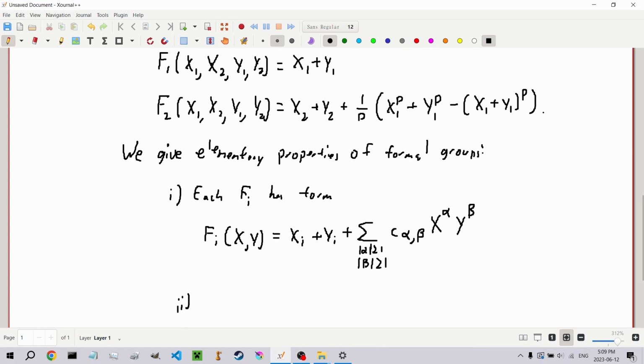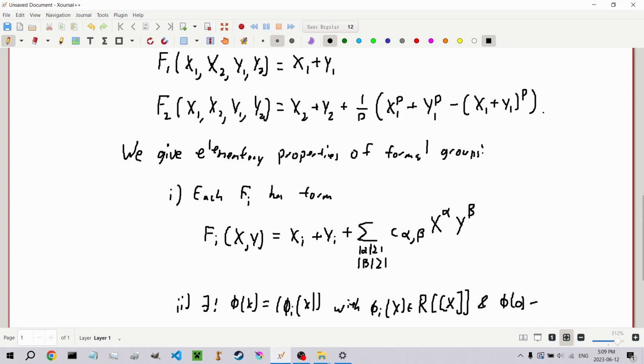Secondly, there exists a unique phi of x, decomposing into a list of phi i of x, with each phi i of x being a formal power series in x, and phi of 0 being 0.